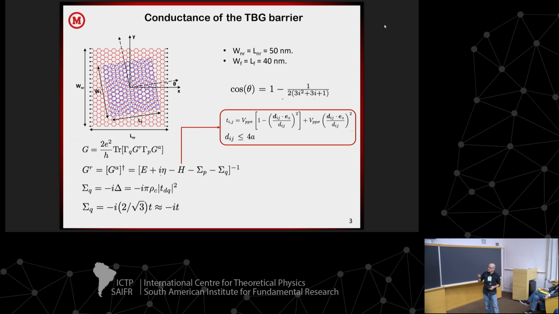So an atom in the middle has more than 50 neighbors. So we cannot use that, and we would have a large momentum mismatch. So we decided to use an effective model that basically depends on the density of states of the contact and the coupling between the contact and the device. For graphene, we reach this answer, where t is basically the nearest neighbor hopping.